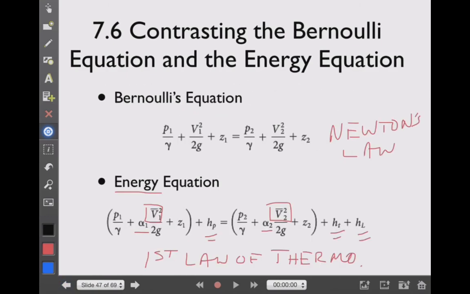So if we just go back 1 second and see that if this is 0, these two things are 0, let me just cross them out. We cross these two out and set these things equal to 1, then we get Bernoulli's equation.